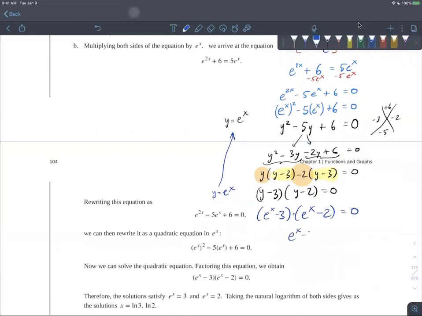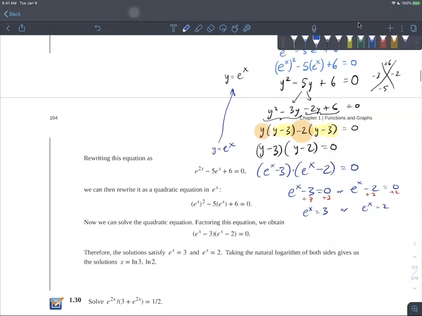E to the x minus 3 equals 0. E to the x minus 2 equals 0. And so if we add 3 to both sides, or add 2 to both sides, then we have e to the x equals 3, or e to the x equals 2. We're almost done solving here.